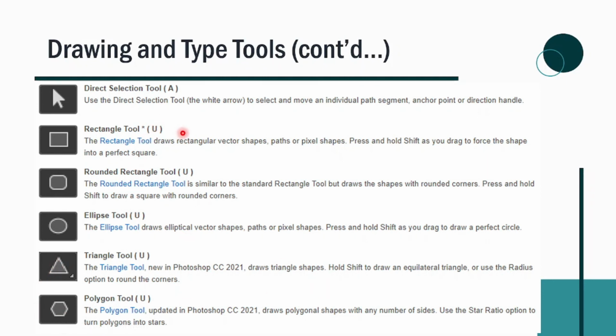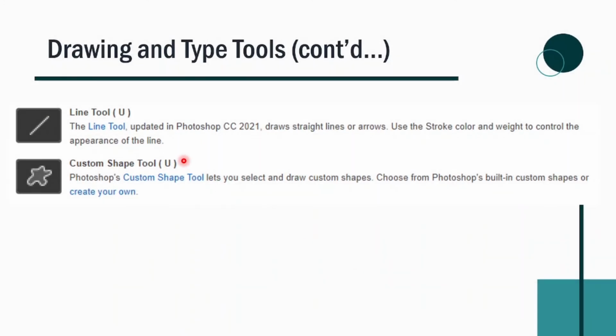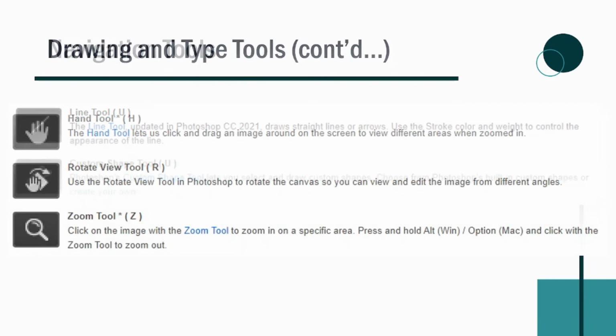These are still under U. The line tool draws straight lines or arrows; use stroke color and weight to control the appearance of the line. If you want the custom shape tool, you use still U, but choose it in the options, which lets you select custom shapes. You can choose from the Photoshop built-in custom shapes or create your own.